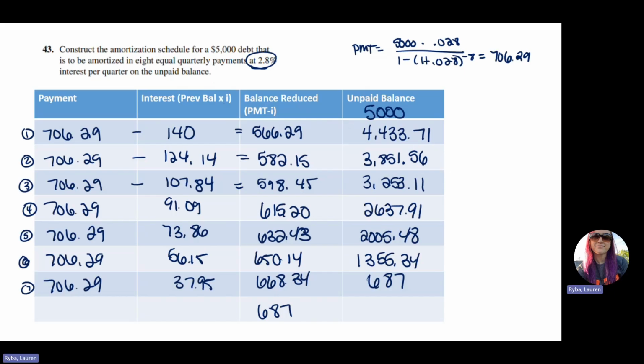We can calculate the interest that I would pay on that $687. So 687 times 0.028 is going to be $19.24. And then I can work backwards and say these two have to add to give me what I'm paying. So when I add those, it's $706.24.